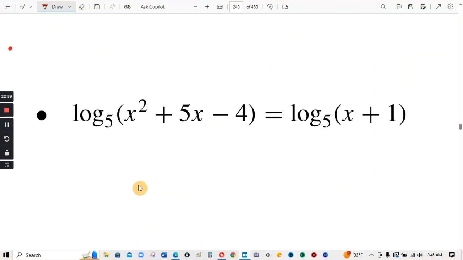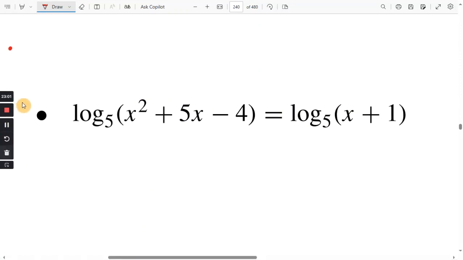All right, last one in this section, example 2. We have log base 5 of this equals log base 5 of that. Since the 5 and the 5 both match log base 5, we can just set the argument equal to the argument.